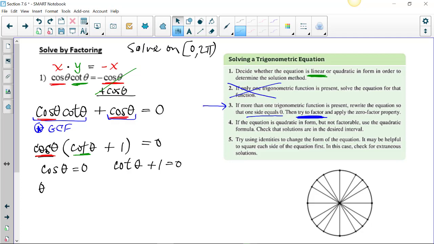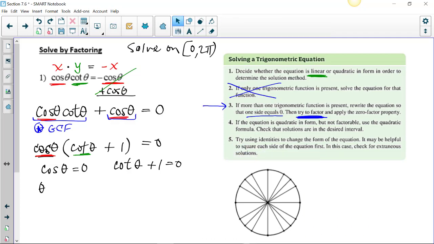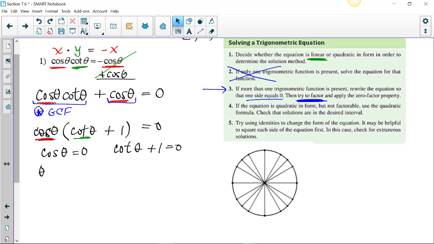Okay, we've done that. So what are we looking for? We're looking for angles whose cosine is 0. Well, cosine is 0 when we are at pi over 2 and 3 pi over 2.